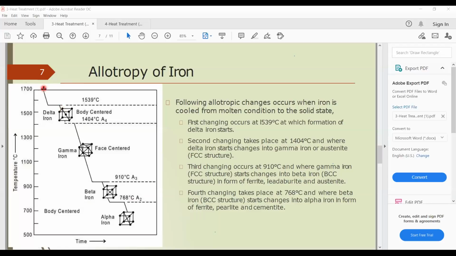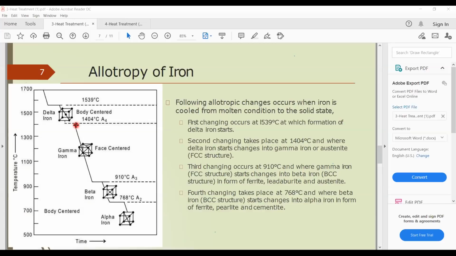It continuously cools down until it reaches this specific temperature, 1539 degrees Celsius. When it reaches this temperature, delta iron is formed, right? This delta iron is available between 1539 and 1404.